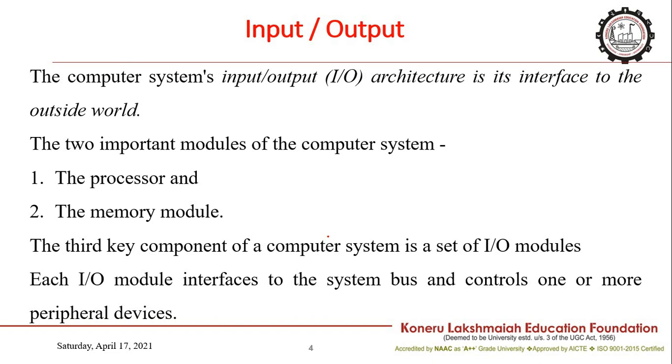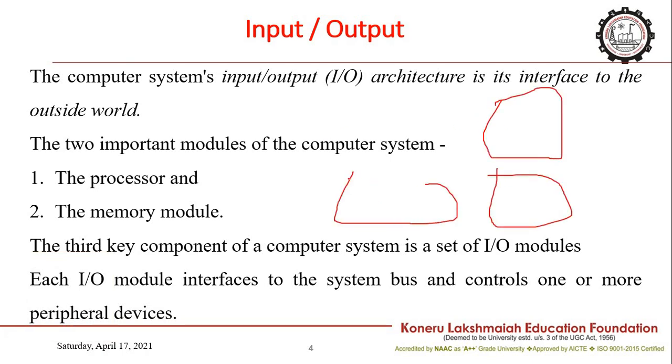All of those are stored in the memory module. The third key component is the IO module. The IO module is nothing but these input output blocks. For understanding, we draw input as a block, output as a block, and buses as a block. These blocks are the IO modules.